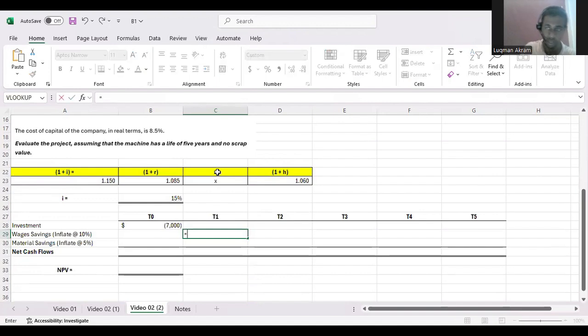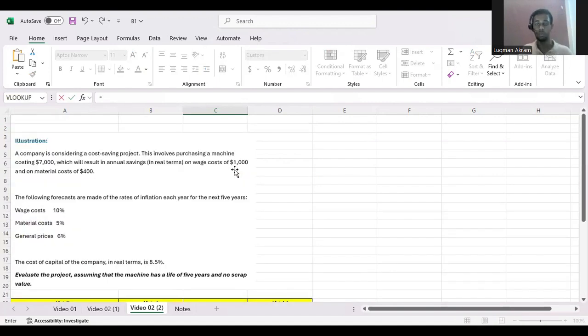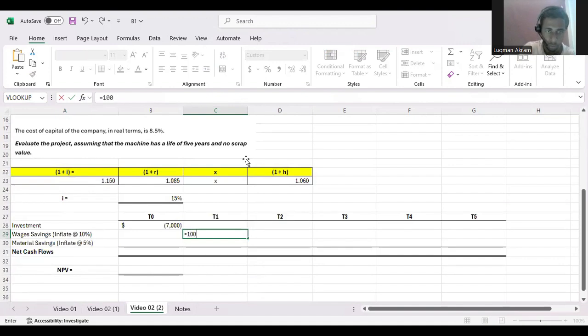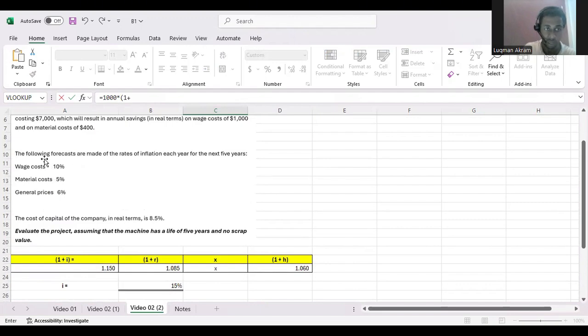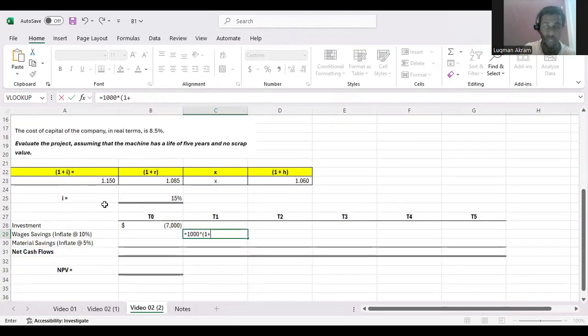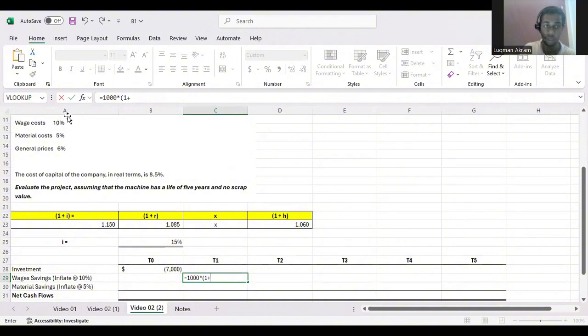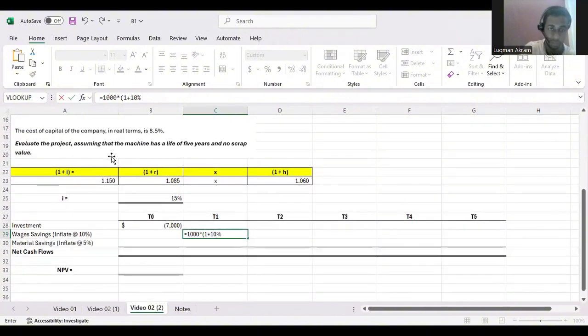Cost saving means it would be an inflow, not an outflow, so don't get misunderstood by the word cost there. It would be 1,000 multiplied by 1 plus H. The H here would be the specific rate because we are finding the specifics for wage saving. So it would be 10%, to the power 1. To the power 1 represents year 1 or time 1.